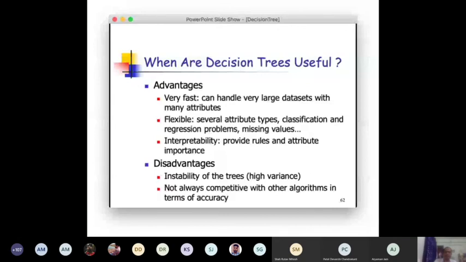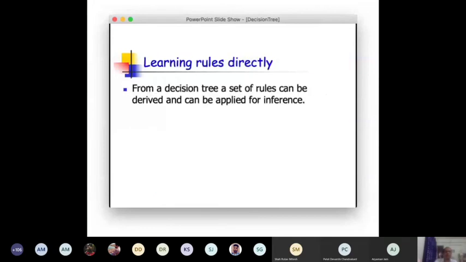That is, overfitting would be quite possible. A certain amount of variation, a certain amount of noise in data can give you a completely different tree, and it is not always competitive with other algorithms in terms of accuracy. That is an observation that we note here, and we'll see it later on.